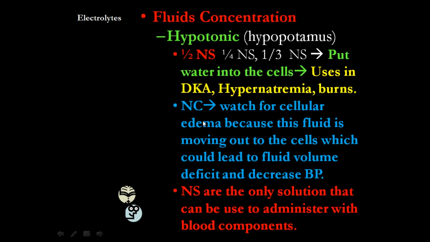So the question is, who produces hypokalemia? All the diuretics except the potassium-sparing diuretic. You know already your nursing considerations for diuretics, and you need to be very careful with intake, output, and daily weight.